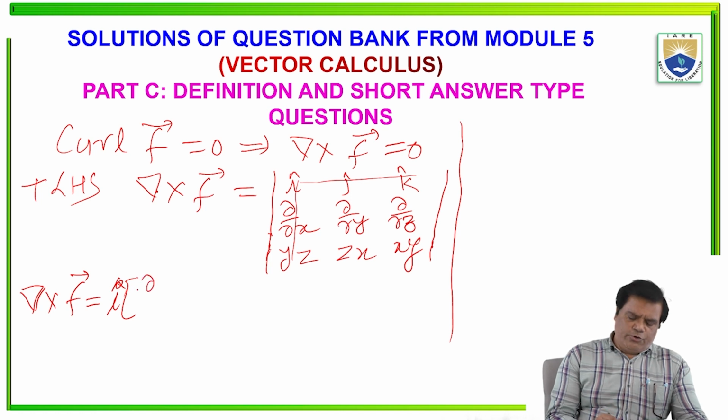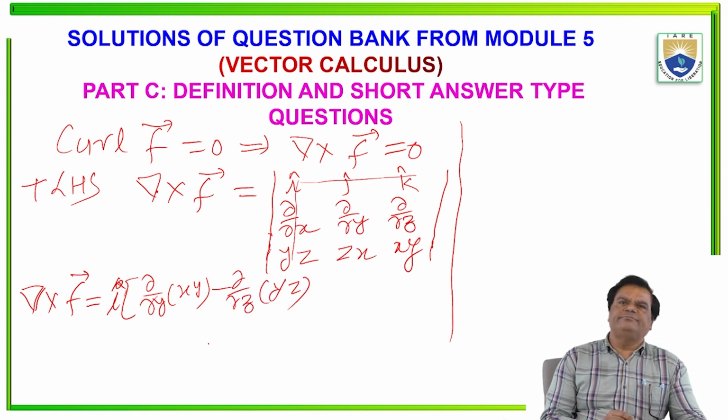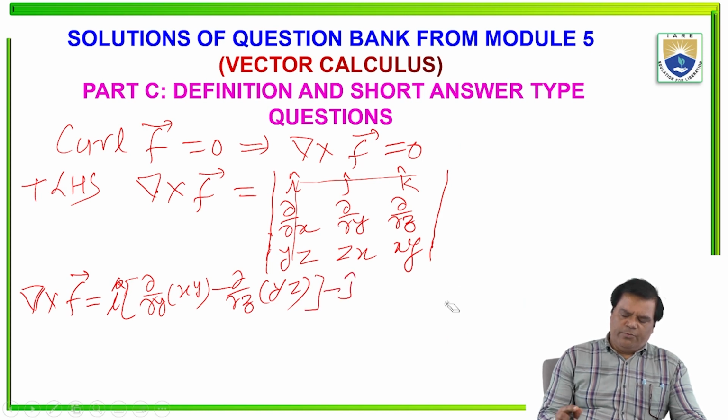So dou over dou y of xy minus dou over dou z of zx, and minus j in bracket, second column and first row cancelled: dou over dou x of xy minus dou over dou z of yz.